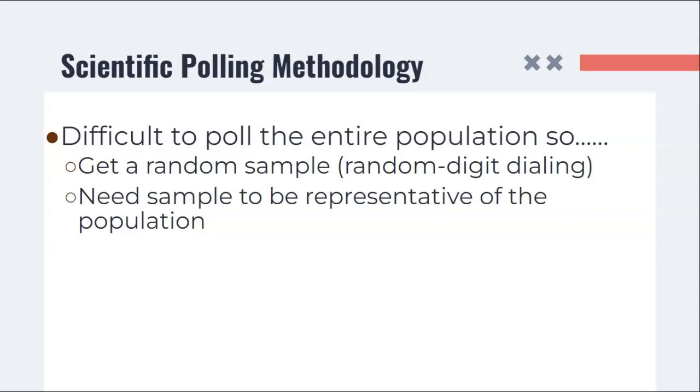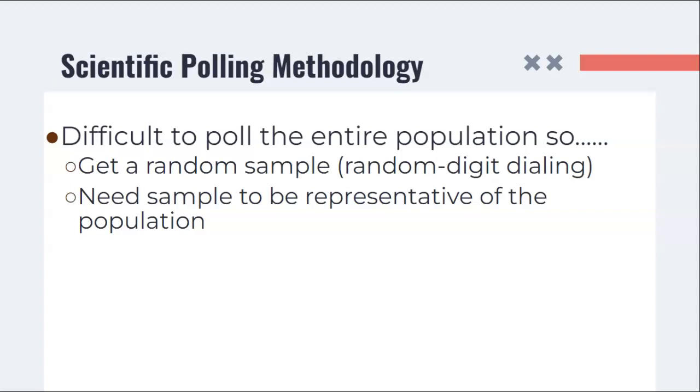All right, so in order to conduct a true scientific poll, certain procedures have to be followed. It would be great if we could literally get the opinion of every American citizen, and then we would know 100% without a doubt, this is the public opinion. This is the view of the American society.